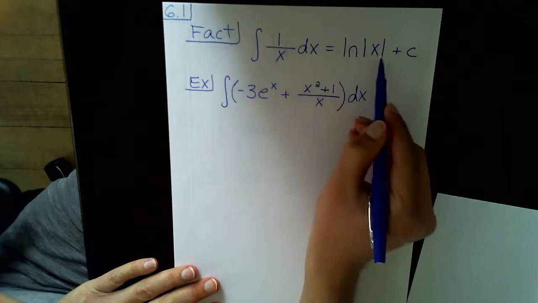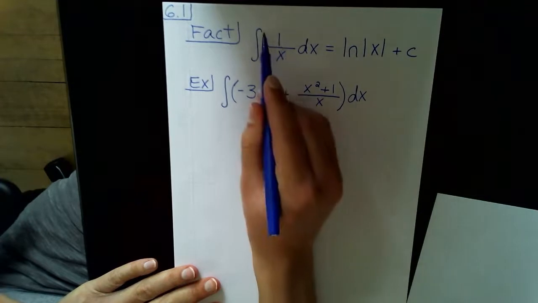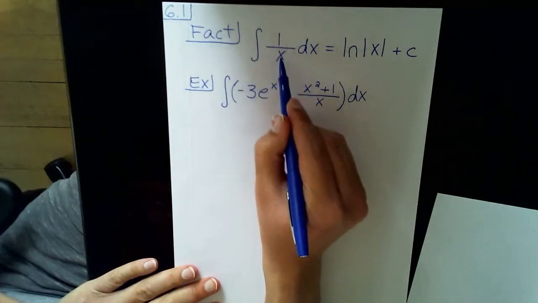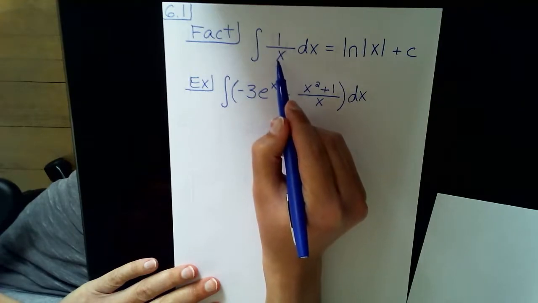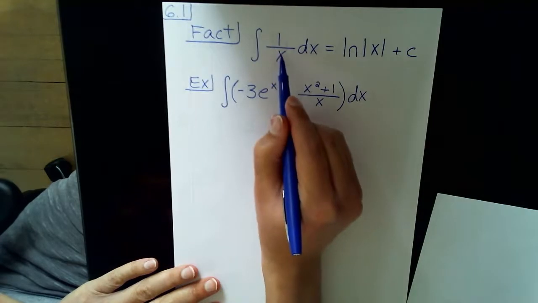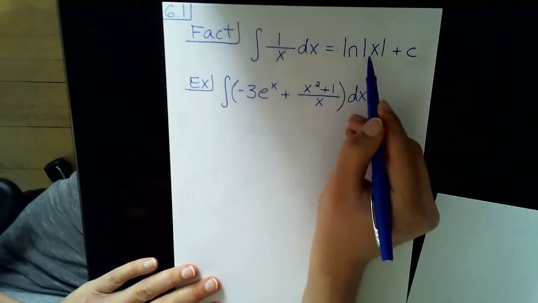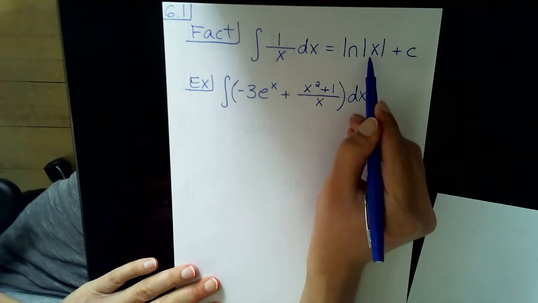The reason we have to include these absolute value symbols, though, is because this antiderivative didn't start with a natural log inside of it. And because it didn't start with a natural log inside of it, it's perfectly okay to have negative x values. But remember, you cannot plug a negative x value into a natural log.